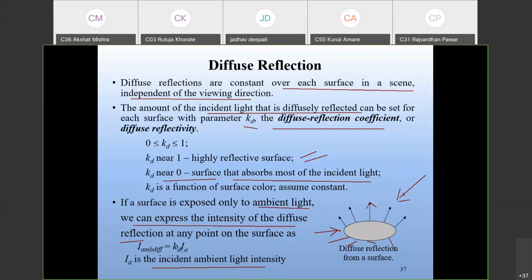For specular reflection, we are going to see it in the next PPT. So for diffuse reflection the parameter is Kd, and the multiplication of these two simply gives the intensity of diffuse reflection at any point on the surface: the diffuse reflection coefficient times the incident light intensity.